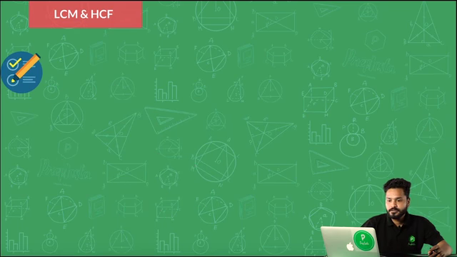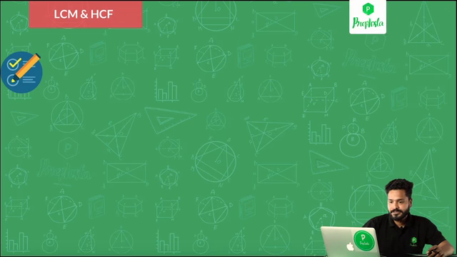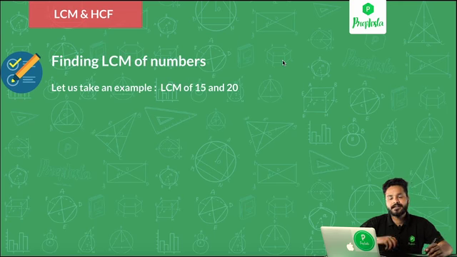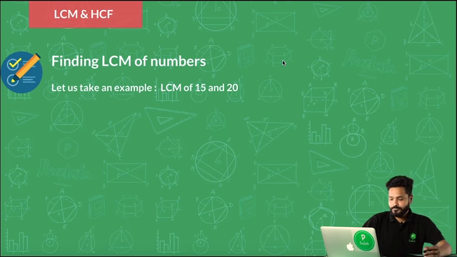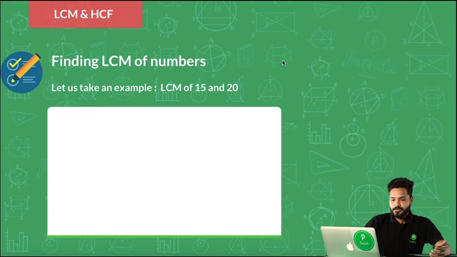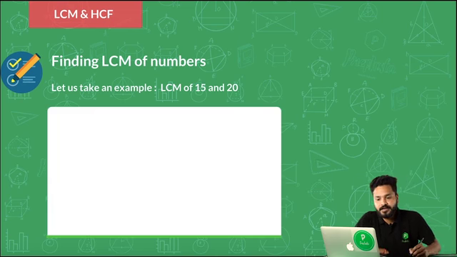Yeah. So to calculate LCM, finding LCM of two numbers. Let us take an example, let's say LCM of 15 and 20. How do we find the LCM of 15 and 20?